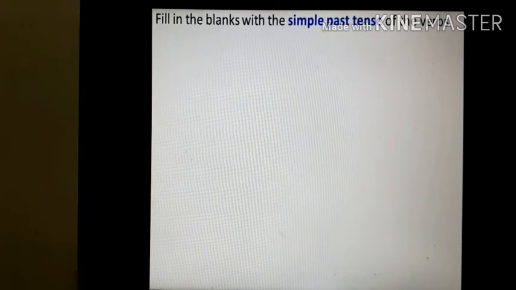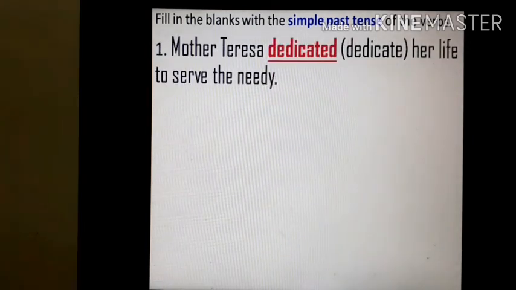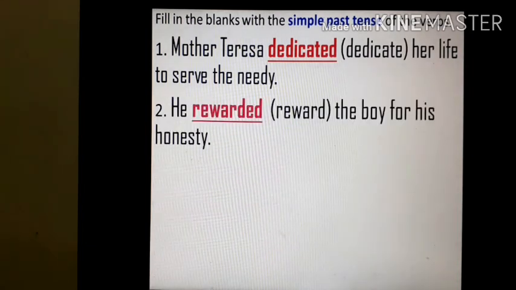Here is an exercise. Fill in the blanks with the simple past tense of the verbs. Number 1. Mother Teresa dedicated her life to serve the needy. The verb is dedicate, so the V2 or the second form of the verb in past tense is dedicated. He rewarded the boy for his honesty.